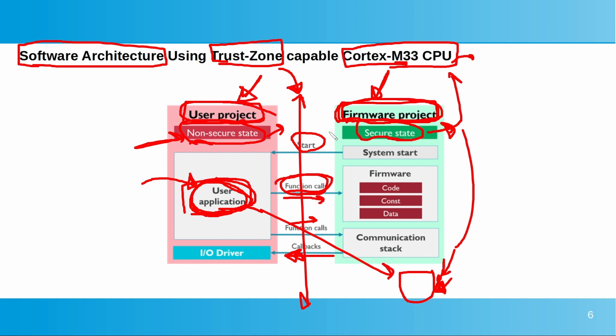And during boot, our device will boot by default into secure state. So the Cortex-M33 CPU, after power-on reset, will be executed in secure state. And there we can embed secure boot functionalities and firmware to set up our hardware blocks.